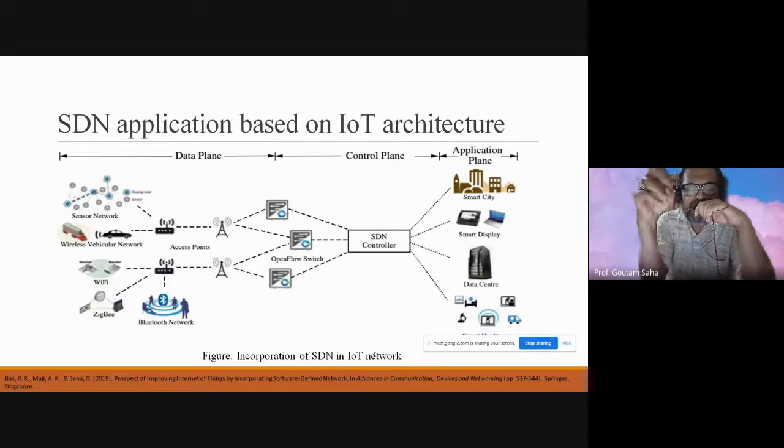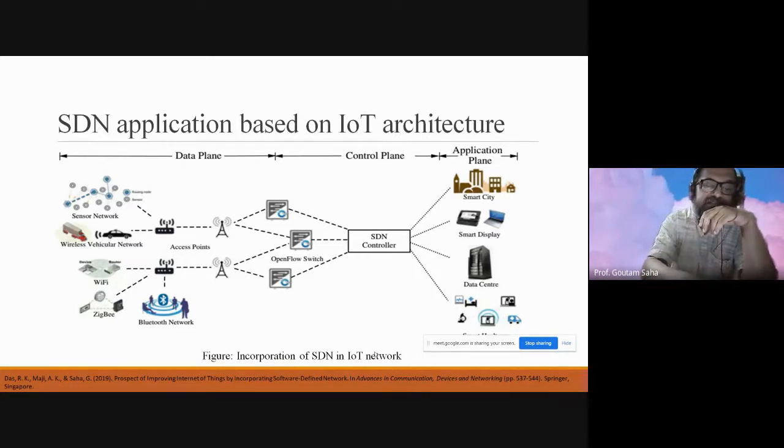And I told him, try to install the SDN controller in your existing IoT framework. Here is the existing IoT framework: these are the sensors, the points, and here is the cloud application frame.